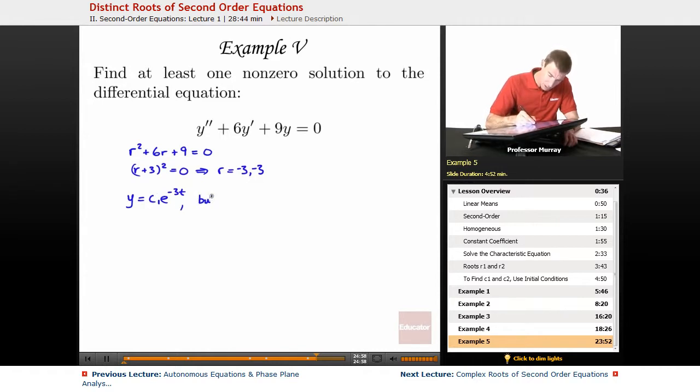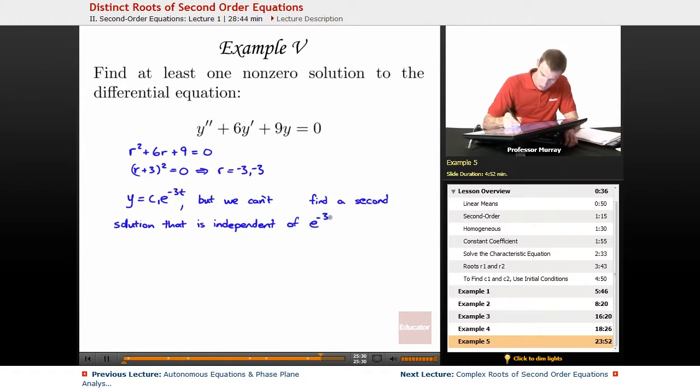So let me write that down. But we can't find a second solution that is independent of our first solution, which was e to the negative 3t.